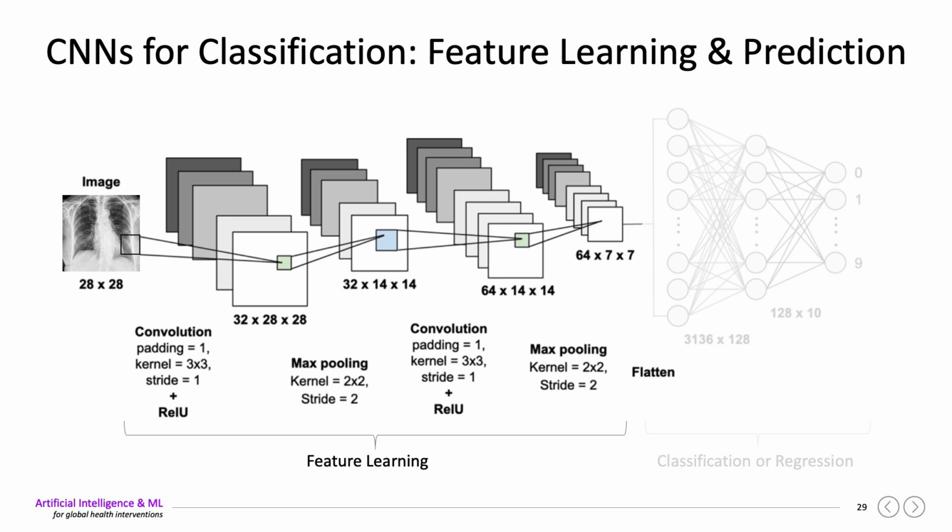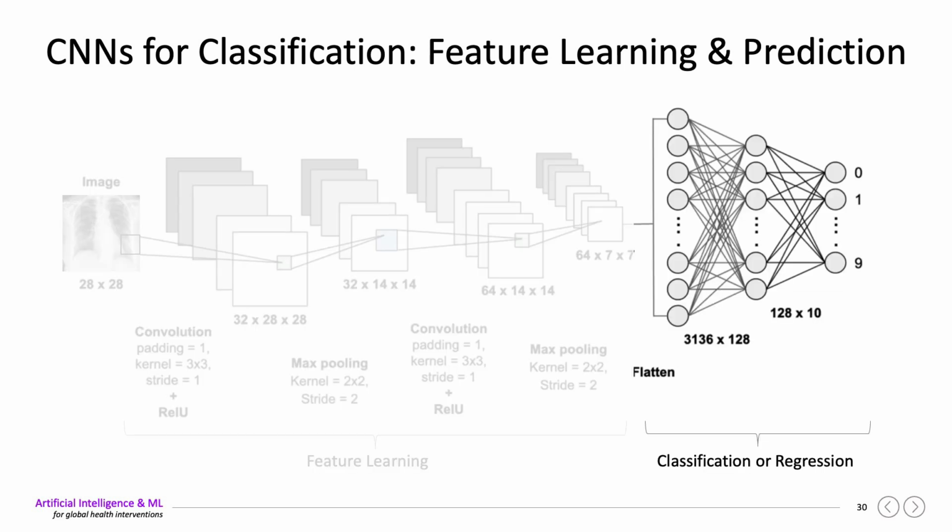A second convolutional layer with 64 filters, again using 3 by 3 kernels with stride 1 and padding 1, and followed by ReLU, extracts higher level anatomical and pathological features, resulting in 64 by 14 by 14 feature maps. Another 2 by 2 max pooling layer downsamples these to 64 by 7 by 7.